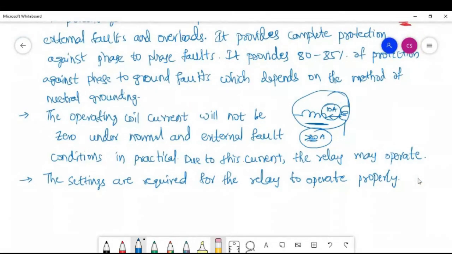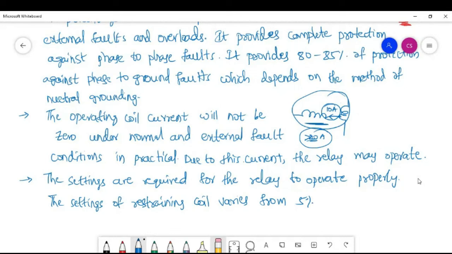What are the settings? The settings of the restraining coil vary from 5% to 50% of full load current.